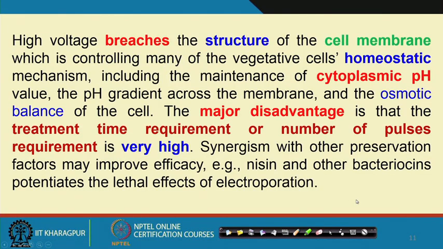Then what it does, high voltage breaches the structure. Breach, as an English term, means you are dividing or breaking something. So, it is breaking the structure of the cell membrane, which controls the homeostatic mechanism of many vegetative cells. Homeostatic means the condition where it can grow easily.